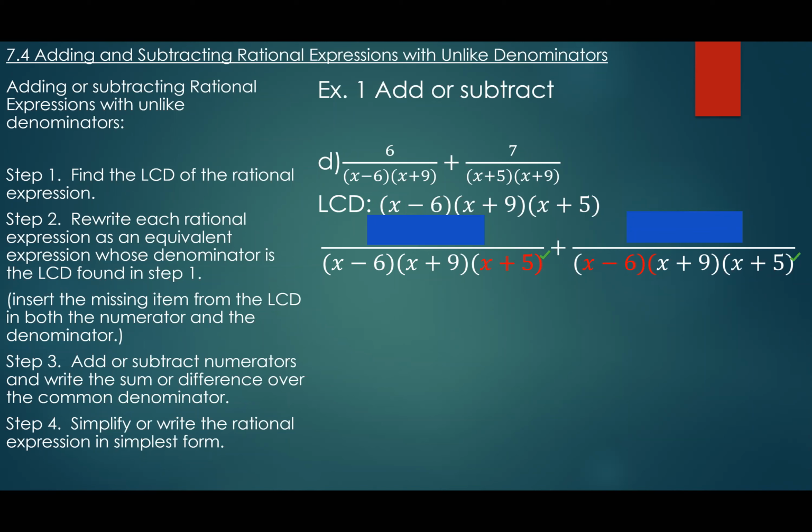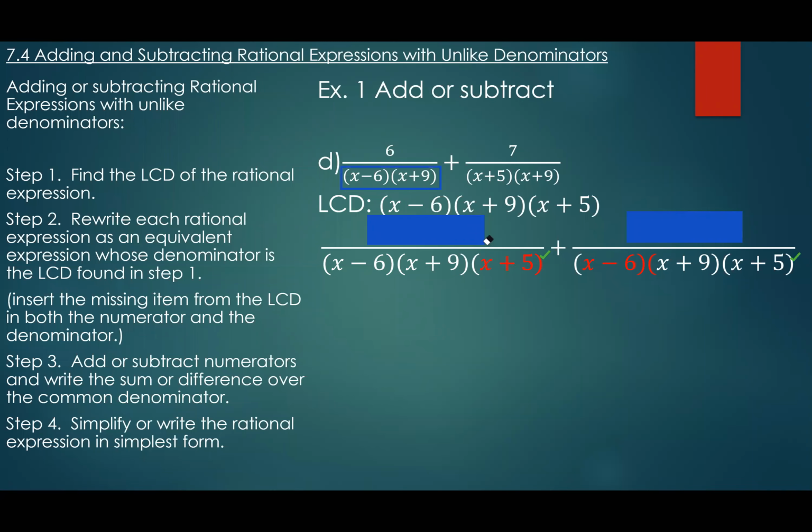We have met our criteria, meaning my denominator is the same. Now, if they are the same, all I need to do is combine the numerator. But before we do that, we changed something. What did we change? How did we make x minus 6, x plus 9 become x minus 6, x plus 9, x plus 5? All we did was insert the x plus 5.